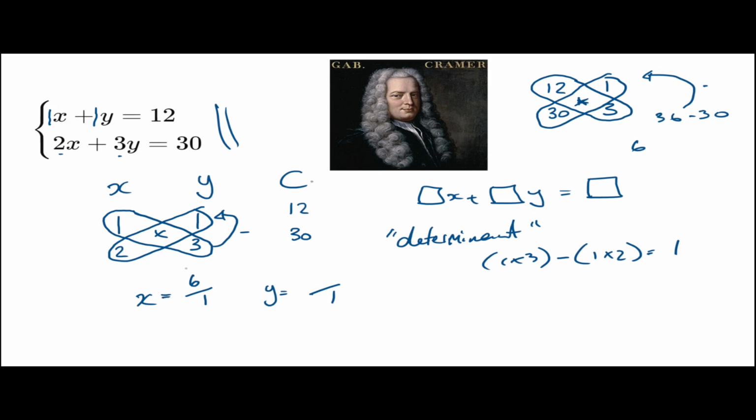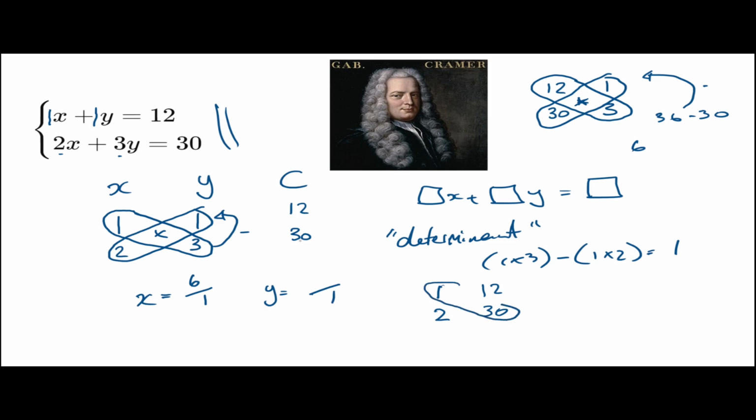Alright, now we know what x is, so we could theoretically just cut and paste this there onto that. But let's repeat this whole step again, and do it for y. So I'm going to take this original matrix, and on top of the y values I'm going to put the 12 and the 30. 1 and 2 stays there now, and now 12 and 30 appear.